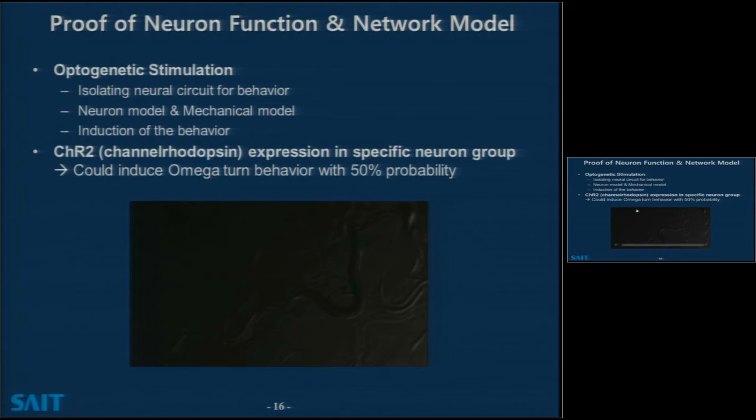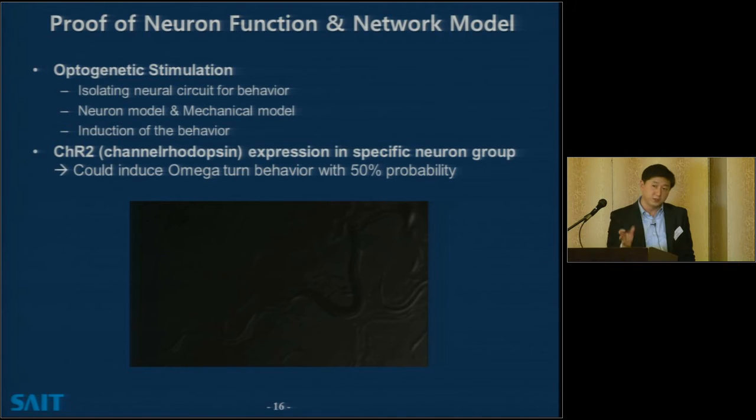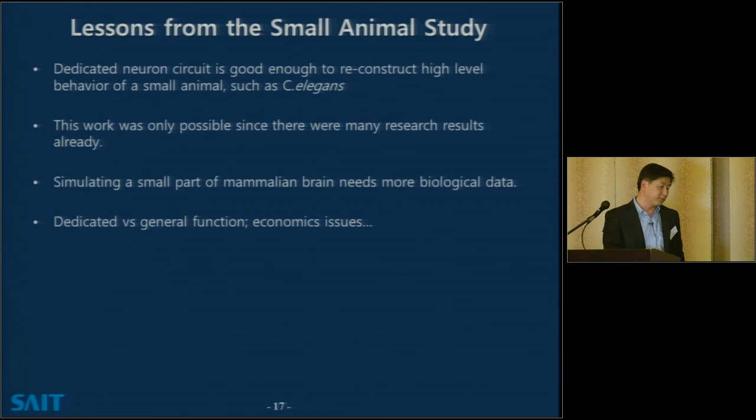So yeah, after getting this optical stimulus, around 50% of these animals show this omega turn. Then we spent a lot of time to justify each neuron, whether it has the correct dedicated function we assigned.